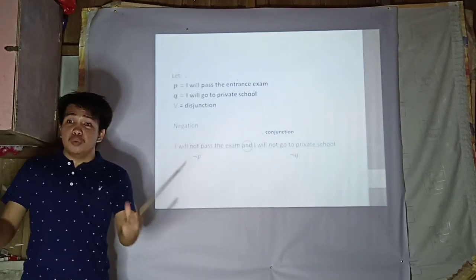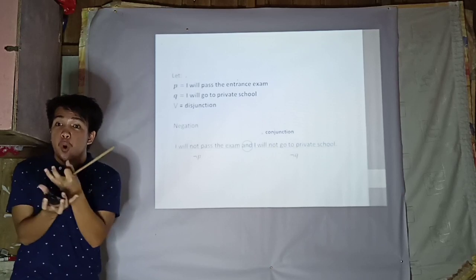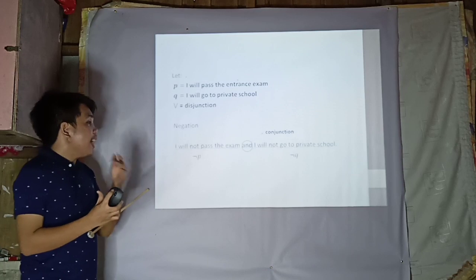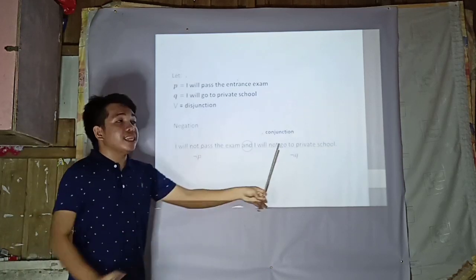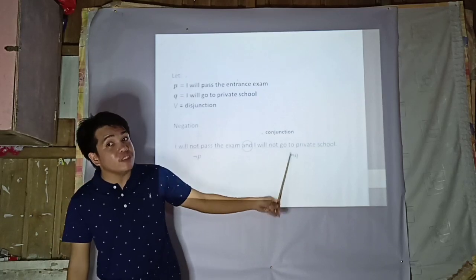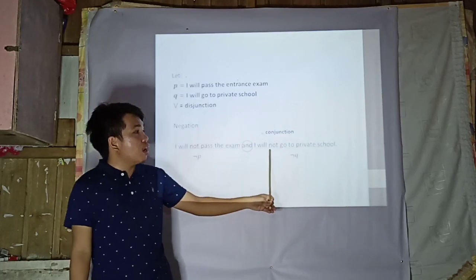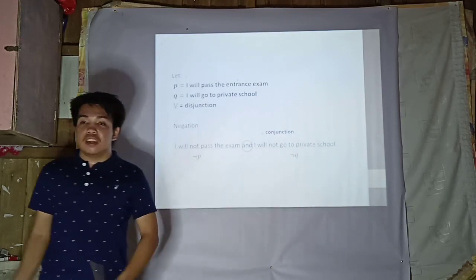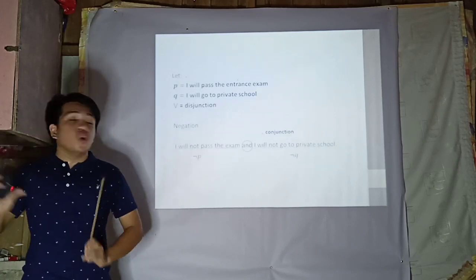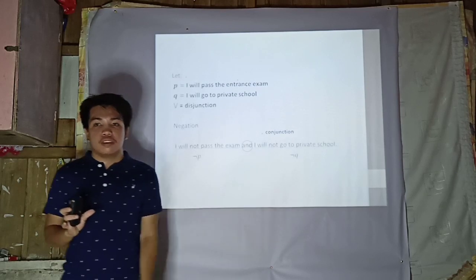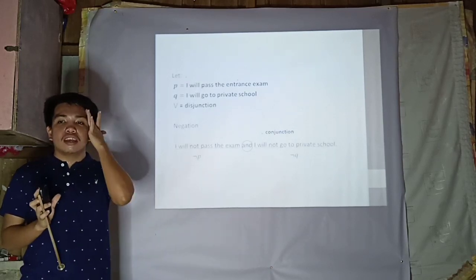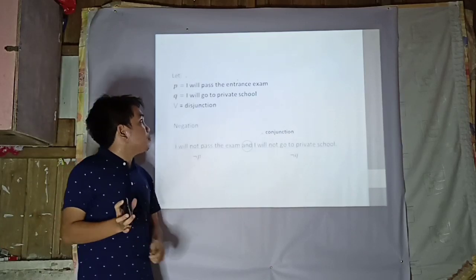So we change the or into an and logical operator. And then we negate the Q statement. The negation of the Q statement is I will not go to private school. So any statement that will be negated, we must add not. Okay? Do you understand? Okay, very good.